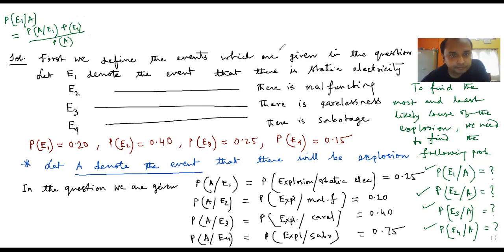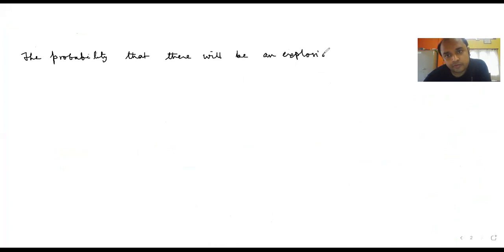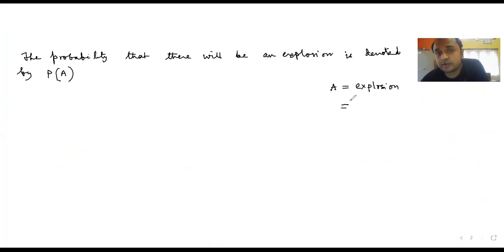Now, the probability that there will be an explosion is denoted by probability of A. Now, this event A, that there is the explosion, can happen in 4 mutually exclusive ways.